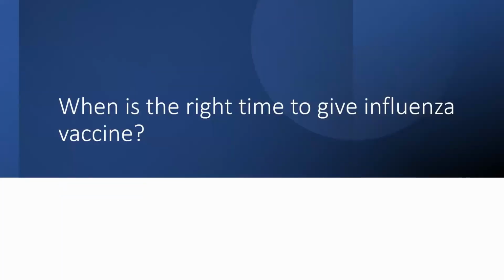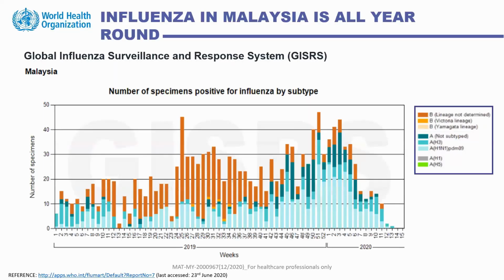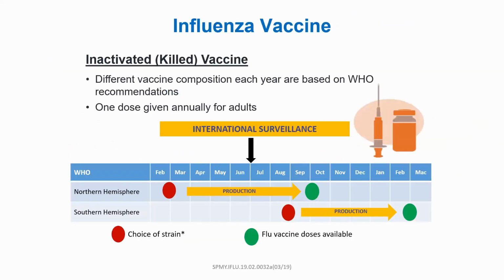So when is the right time to give influenza vaccine? We know that in our country, there's no seasonality, and hence anytime is the right time. But if you want to aim at the latest batch of influenza vaccine, you can refer to this table to see when the latest batch of vaccine is made available.